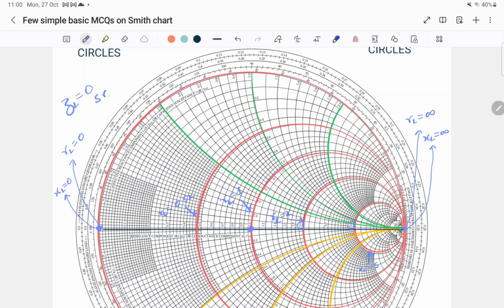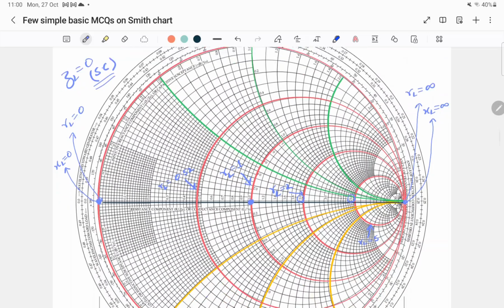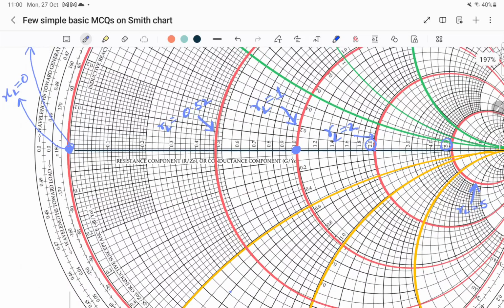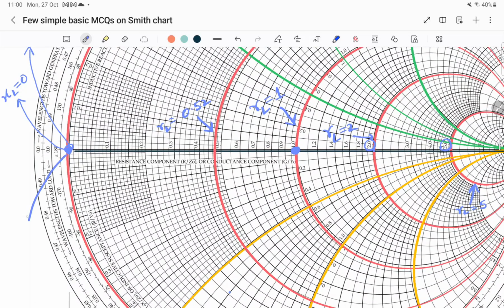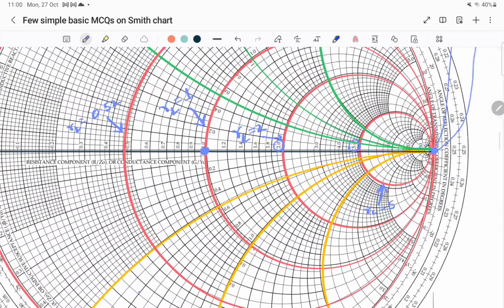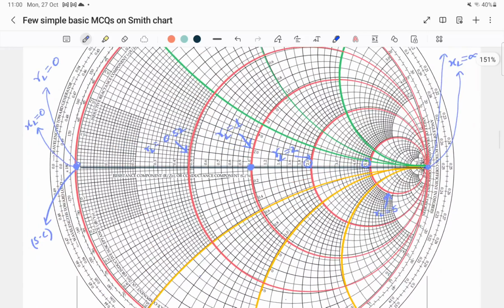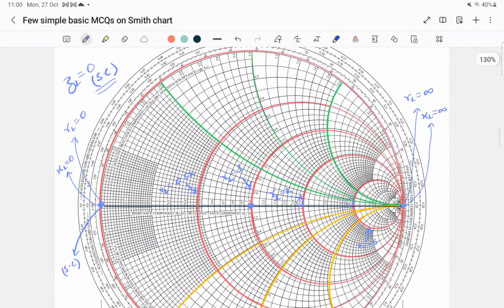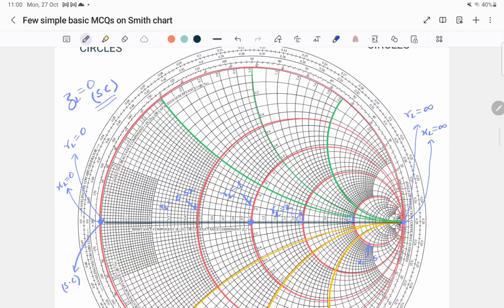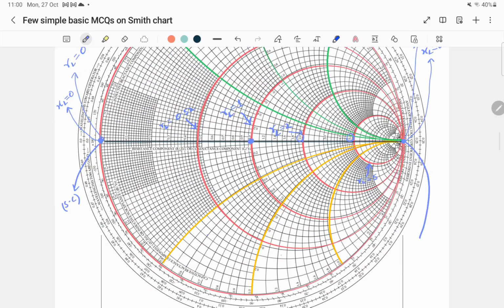That means this is a short circuit condition. That is why I was saying that this is a very special point. So this point is a short circuit point. Similarly, this point is an open circuit point.